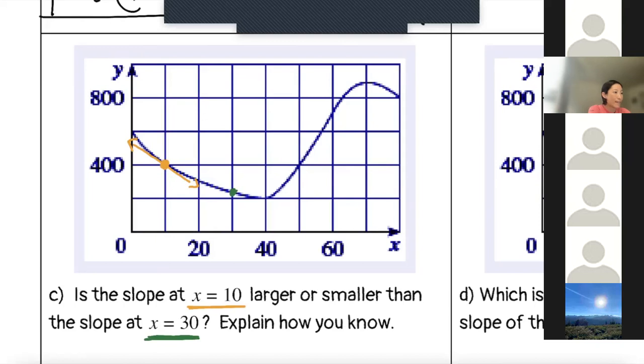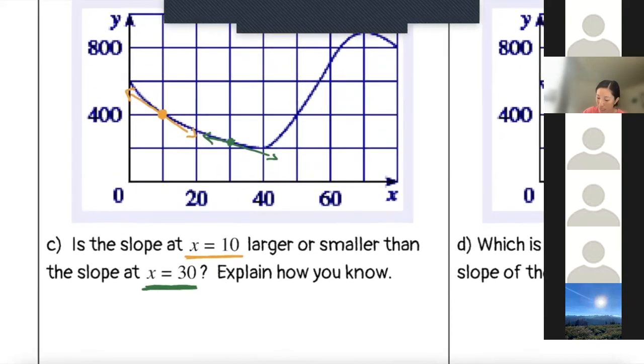So that being said, let's go ahead and draw the slope of the second point at x equals 30. If we were to draw a tangent line here, it might look something like this. Actually, I think that's not a great picture. Let me fix that a little bit. Maybe something like that. Okay.